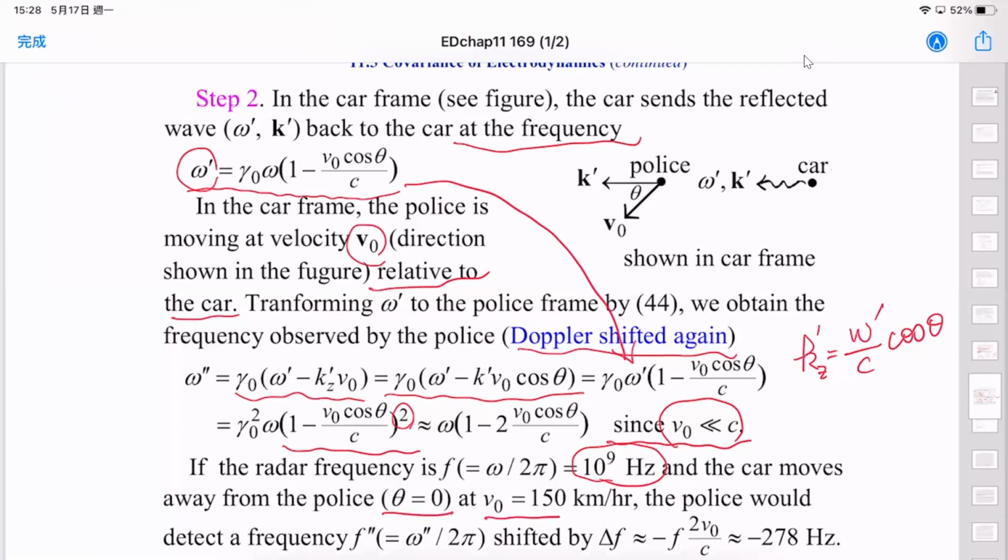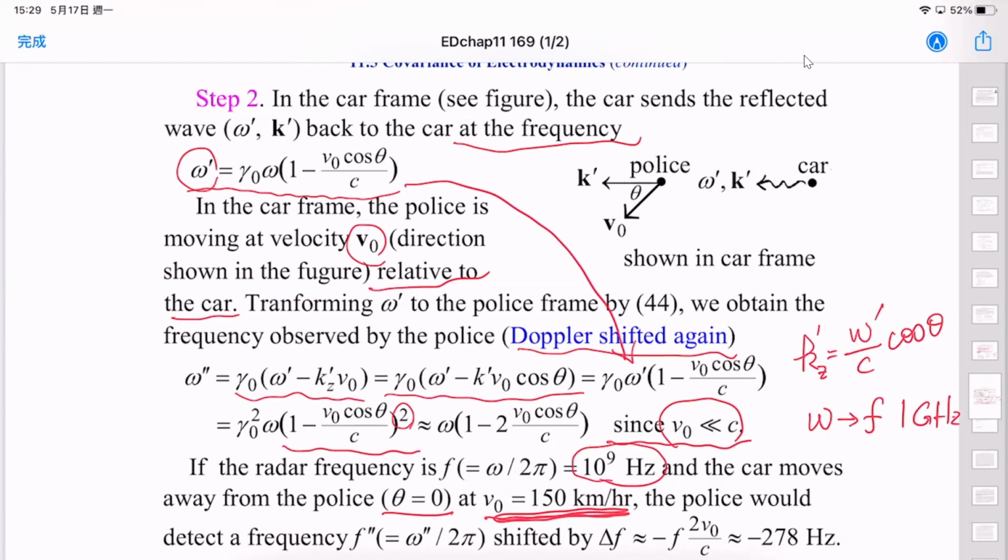And the car drives very fast, 150 kilometers per hour. So we should calculate, omega changed to frequency, 1 gigahertz.